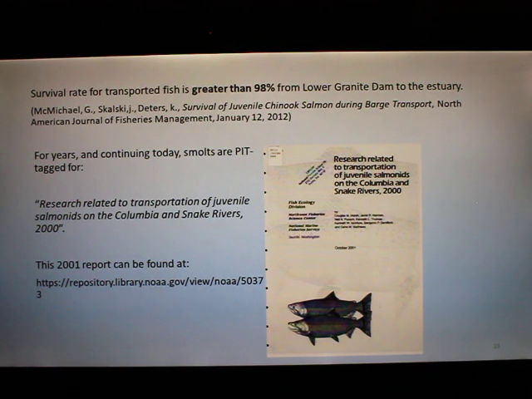That's in a barge. For years and continuing today, smolts are PIT tagged for this research study, as you see on the right, the Northwest Fisheries Science Center, National Marine Fisheries Service.